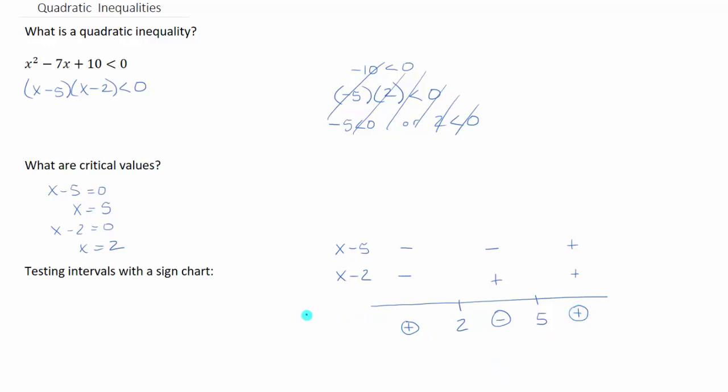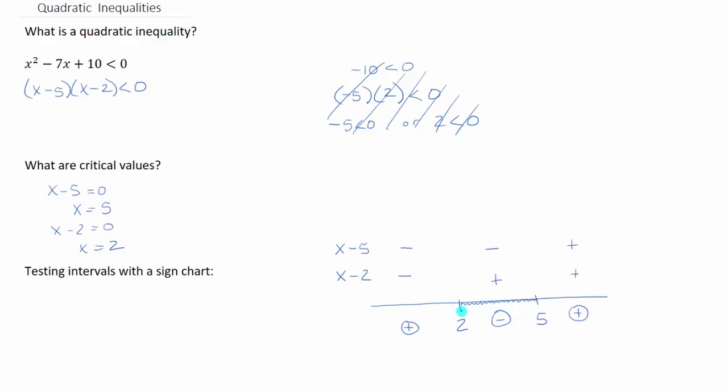Now, which interval is it that I want? Notice that our inequality says less than 0. We want any number that we put into the inequality to cause this to be less than 0, or in other words, negative. And we tested on the sign chart and found that anything between 2 and 5 is going to cause that to be a negative. So this is the interval that we want.